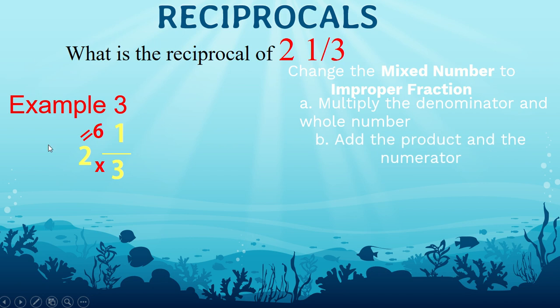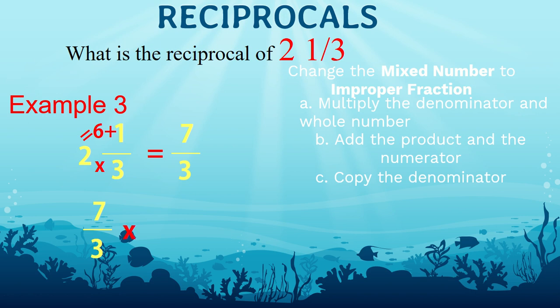Step 2, add the product. Yung 6 plus the numerator, we have 6 plus 1. We have 7. And copy the denominator. Itong denominator na to, we will just copy. So, we have 7/3. So, pwede na natin kuhanin ang reciprocal.